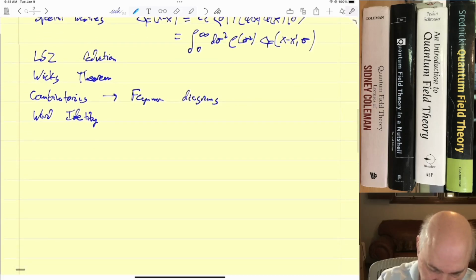And then you have to relate it to cross sections. You've got to use trace technology.